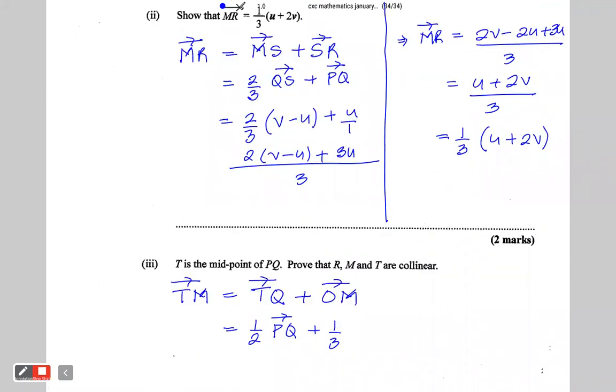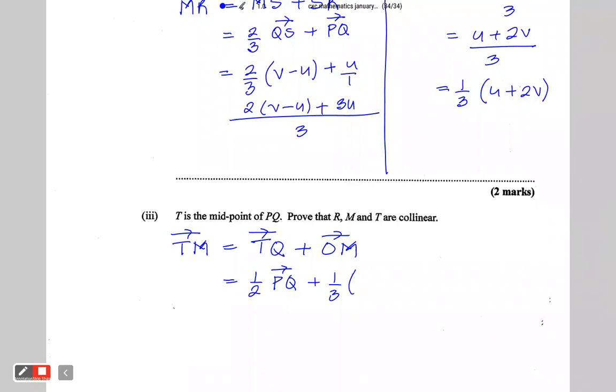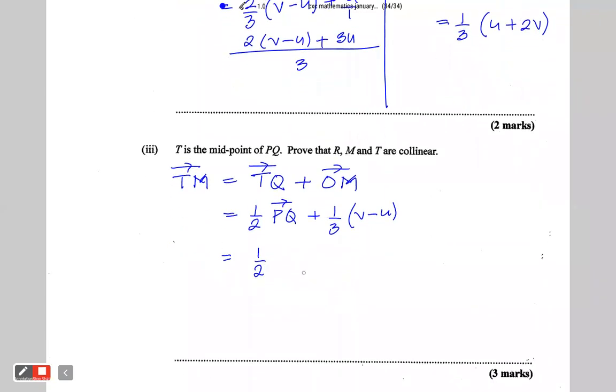Yes, we did. QM is 1/3 (V minus U). So this is a half V plus 1/3 (V minus U).